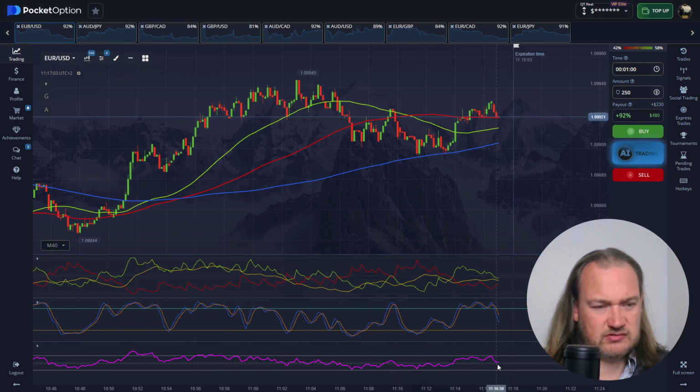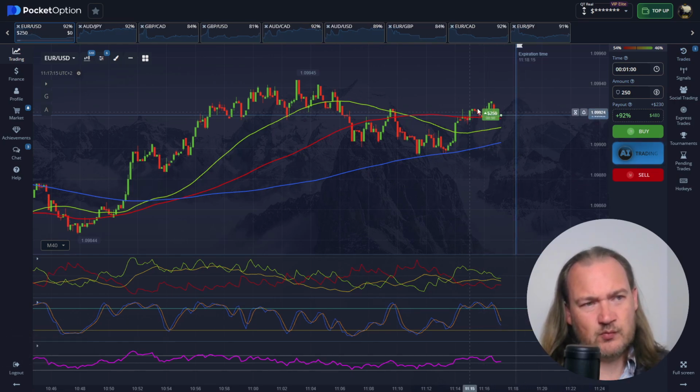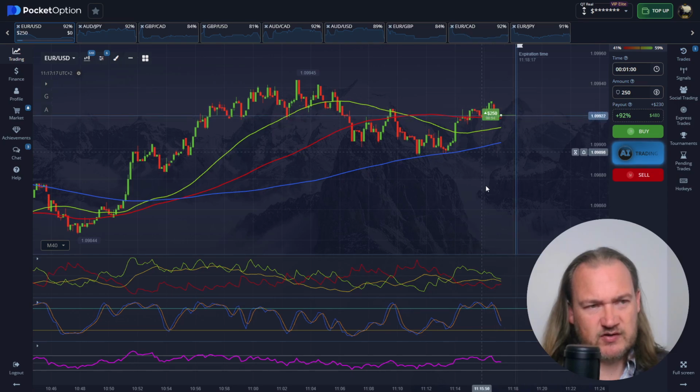This should be a good buy, actually. We are making higher highs. Okay, so we are moving upwards. Price is above the moving average, and we had the RSI hit the middle line there.